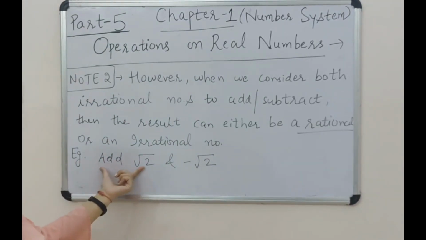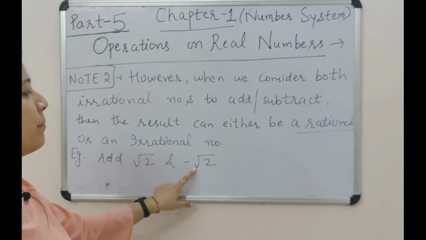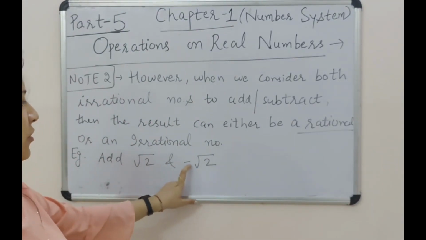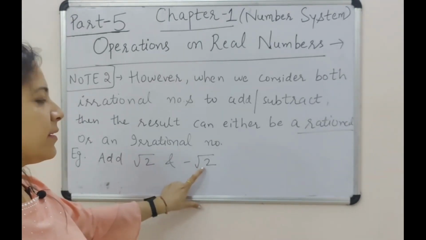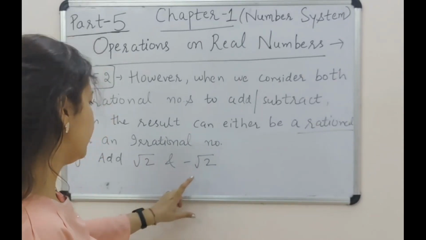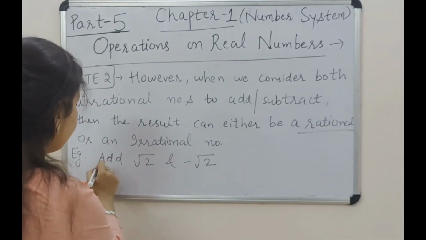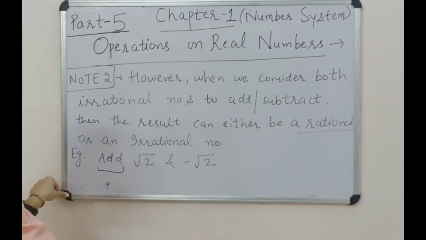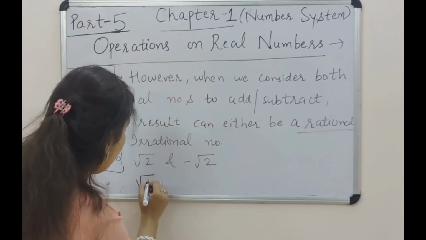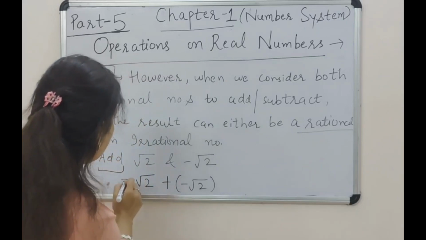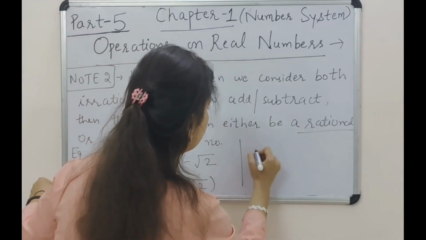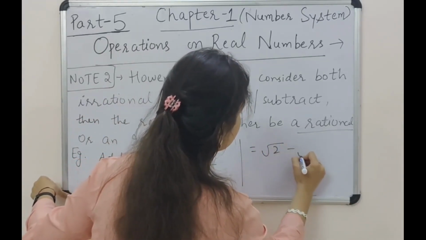I'll show you both the examples. Suppose first of all I have taken root 2 and minus root 2. There's a change of only the negative sign over here. With the negative sign, it still remains an irrational number, right? So you have to operate, and which operation is provided? We need to add them up. So when I am adding root 2 and minus root 2, we know in addition plus minus becomes minus. So it is coming out to be something like this.